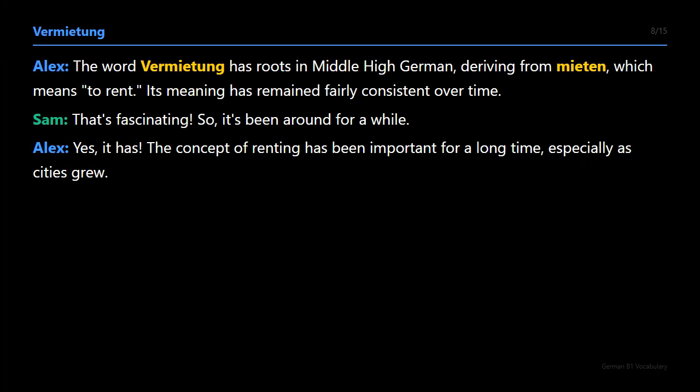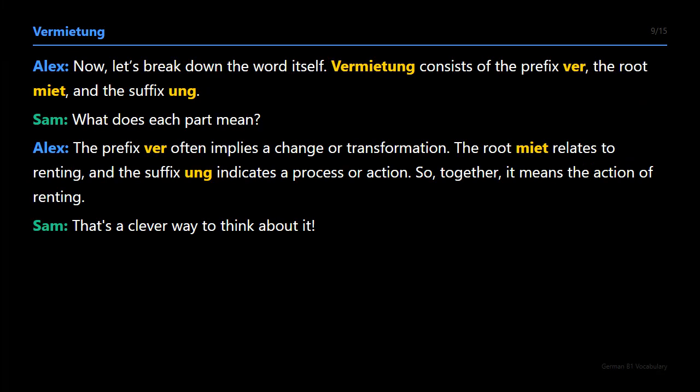Now, let's break down the word itself. Vermietung consists of the prefix Ver, the root Miet, and the suffix Ung. What does each part mean?